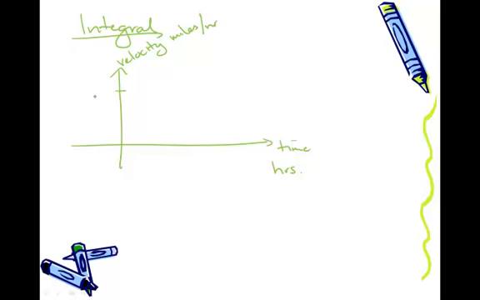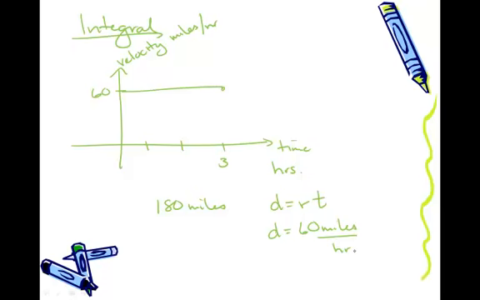And if I told you that we were going 60 miles per hour for a period of 3 hours, you would tell me that we had traveled 180 miles. Now, this is a simple distance equals rate times time problem, where distance is 60 miles per hour times 3 hours. And our units changes to miles, and we get 180 miles.